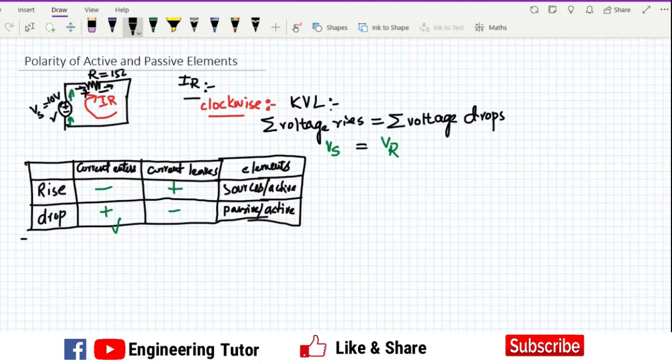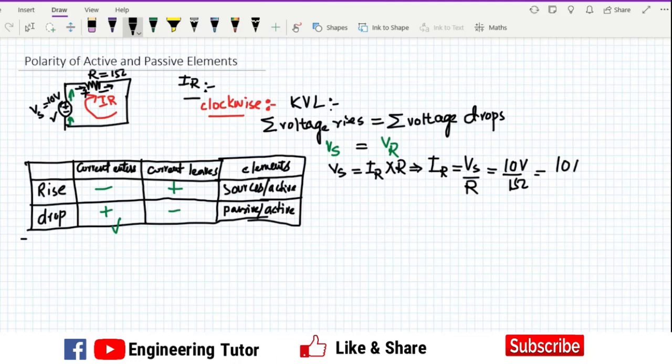So putting our values here, this is V of S, and the value of V of R is I of R into R, so we have to find the value of I of R, and I of R is V of S divided by R. Putting the values here, this is 10 volts, this is 1 ohm, so according to Ohm's law, the value of current is 10 amps. This is the value which we have calculated for our clockwise direction.